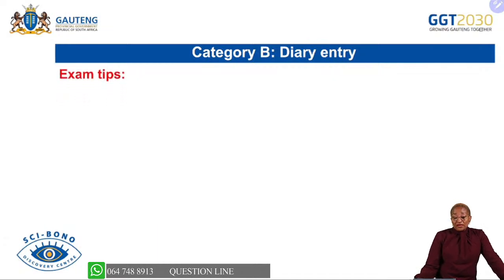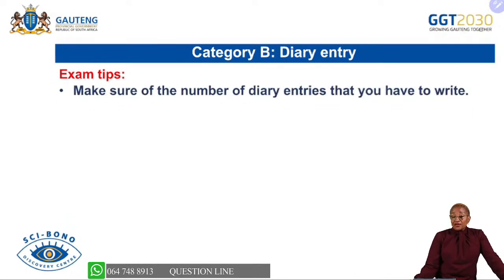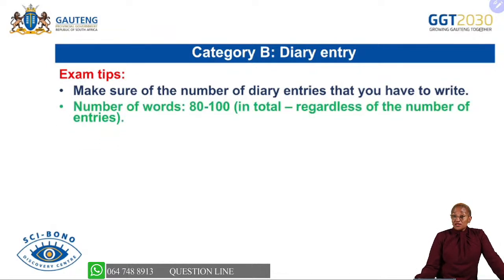Let's have a look at the following exam tips. Make sure of the number of diary entries that you have to write. Is it 1 entry, 2 entries? The brief will clearly tell if you've got to write 1 or 2. The number of words, you've got to have 80 to 100 words.